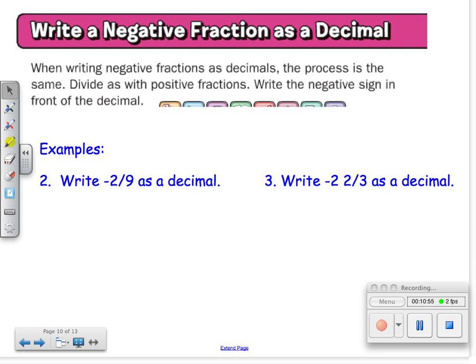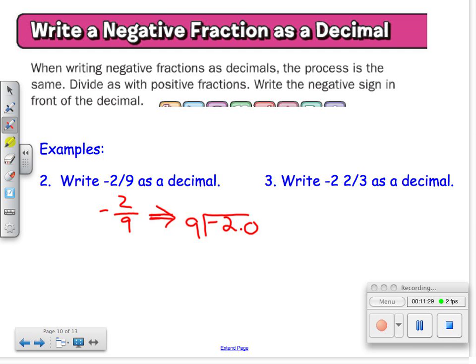All right, negative fractions as a decimal. The process is exactly the same when you're dividing negative fractions as it is with positive fractions. You just write the negative in front of the decimal. So for instance, here we have an example, -2/9, and we need to write that as a decimal. So really what we're saying is -2 divided by 9.